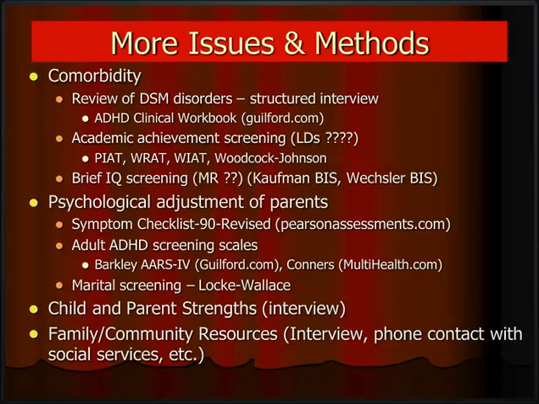And of course, as already mentioned, it's important to establish the family's resources available in that particular community. And the method for doing so, obviously, is the interview with the parents. But of course, other information can be gathered through telephone contacts with social service agencies to determine what might be available in that community for treating this child's ADHD and related disorders.